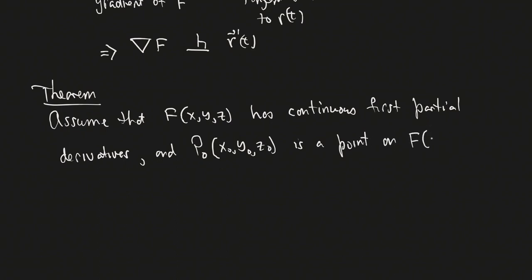Now for the surface I need an actual equation, so that's where I'll just take the big F function and set it equal to whatever constant it is. So like this.